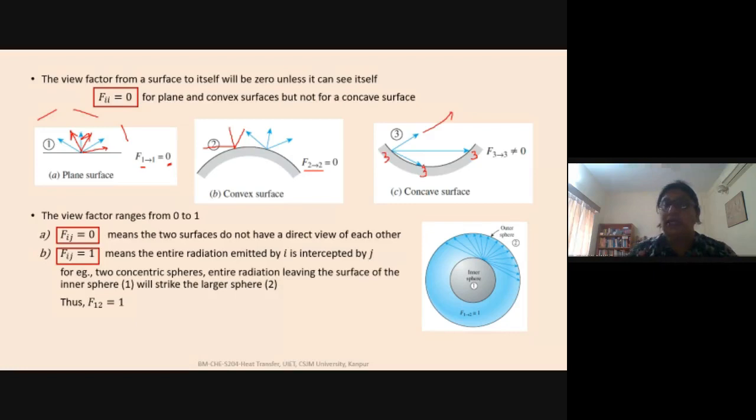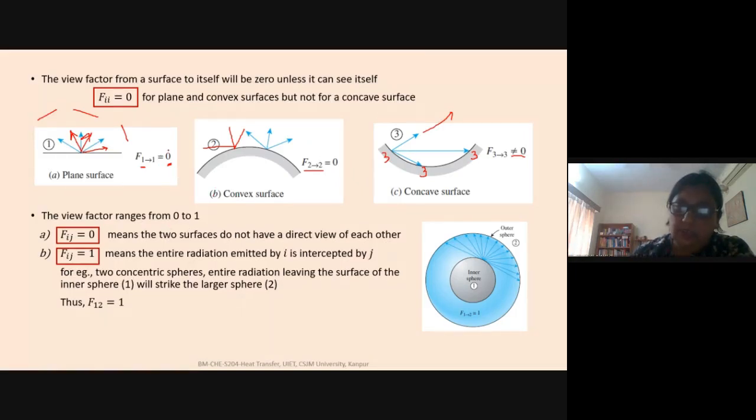So for a concave surface, this amount of radiation going out from 3 and falling on 3 is not equal to 0. That is why it is written as not equal to 0. It is some value. How do we find out how much of it is it? That is something we will figure out as we go on studying.